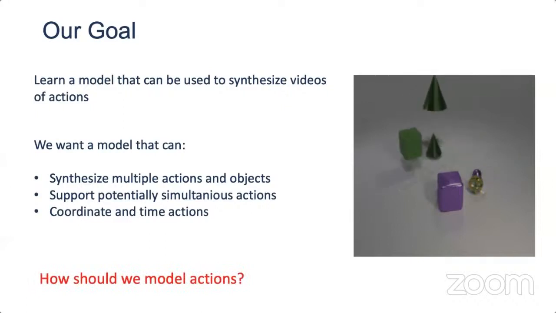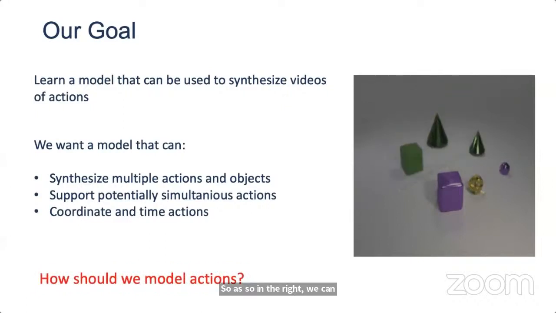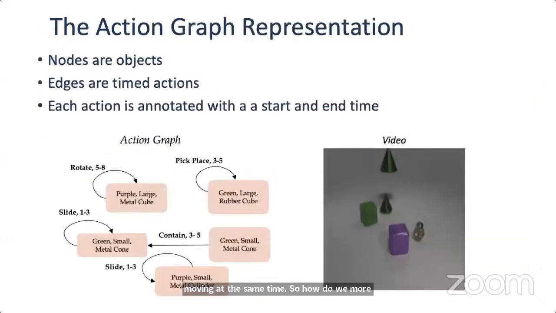As shown on the right, we can have multiple objects moving at the same time. So how do we model this kind of action? To achieve this, we construct an action graph representation where the nodes are the objects and the edges are the actions in time. Specifically, each action is annotated with a start and an end time.